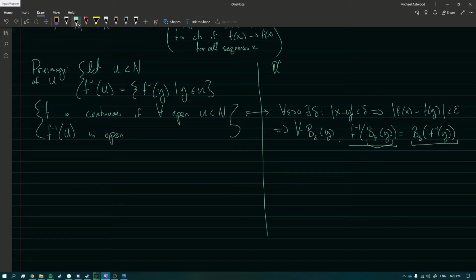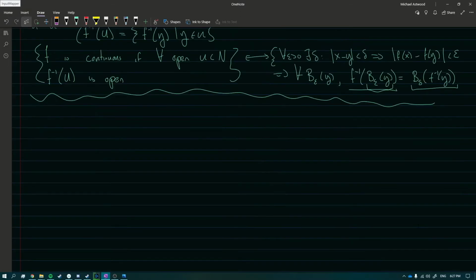And therefore, because a base generates all of the topology, this extends to the entire topology on Rn. And so this basically tells us how continuity works on general topological spaces. You can take continuity from Rn and show that it's equivalent to this definition. And so now we've got a definition that works for both general spaces and Rn.